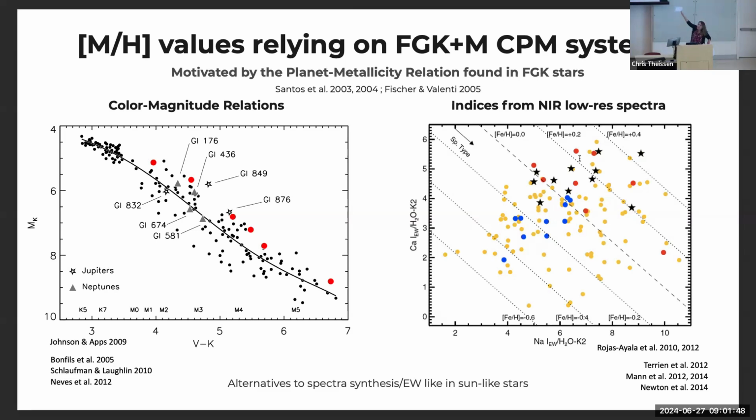And I based this basically on indices measuring the fluxes of sodium and calcium, with an index that was measuring how the spectra bends when you go into lower temperatures due to water, trying to also get metallicities of this. And we figured out that yes, the M dwarfs that have giant planets were indeed more metal rich than the ones that didn't have any planets, or that have terrestrial planets, with very small samples.